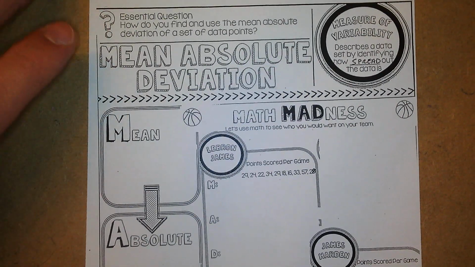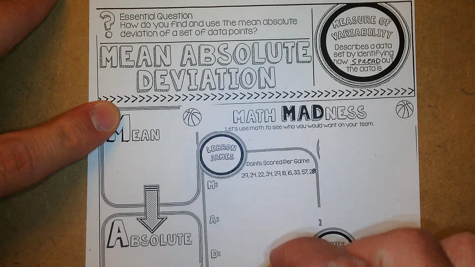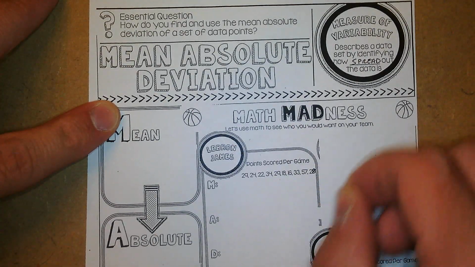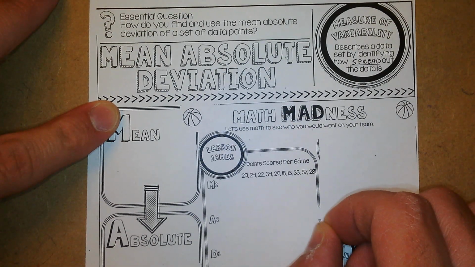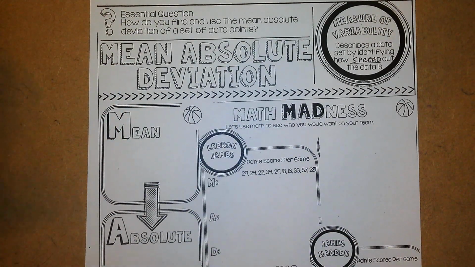Then we take that average, find the difference between the average and each piece of data, and then we find the average of those differences. It'll make sense in a moment.